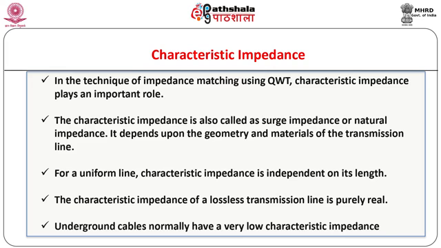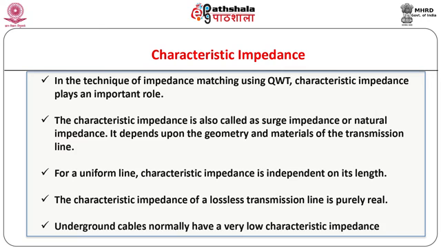From the discussion made so far, we know that in the technique of impedance matching using QWT, characteristic impedance plays an important role. Let us note some points related with characteristic impedance. The characteristic impedance is also called surge impedance or natural impedance.